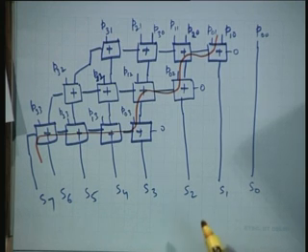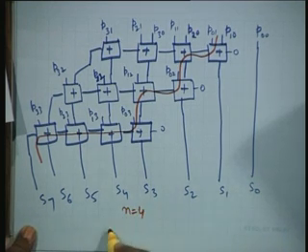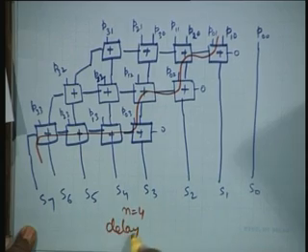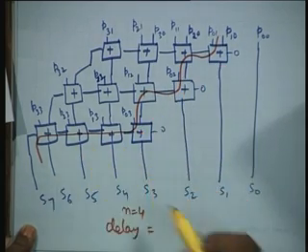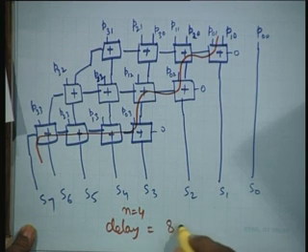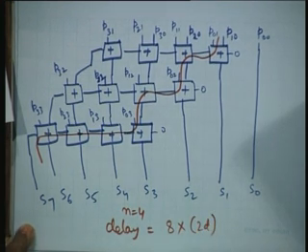Okay. So, for n equal to 4, this delay is equal to 1, 2, 3, 4, 5, 6, 7, 8, 8 times the delay of one adder, which is 2D.